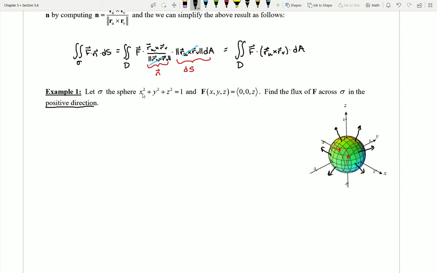The first thing that we might want to do is parameterize the surface, so that we can easily use our nice calculation that we had up here.